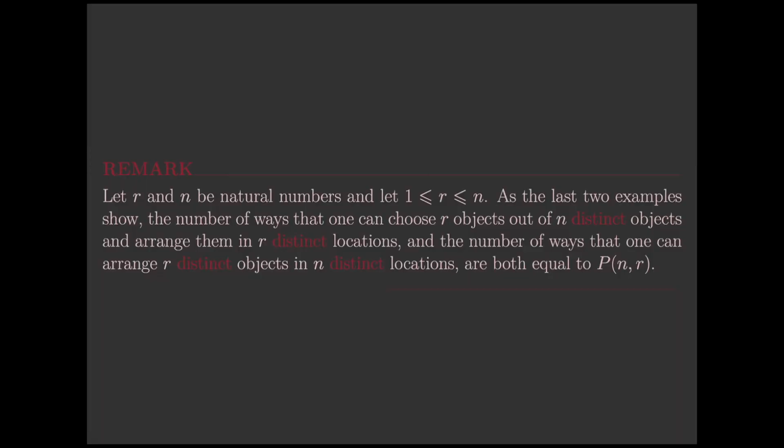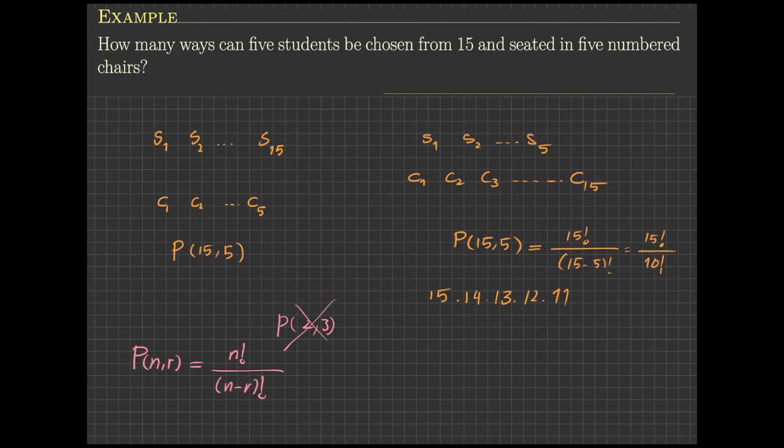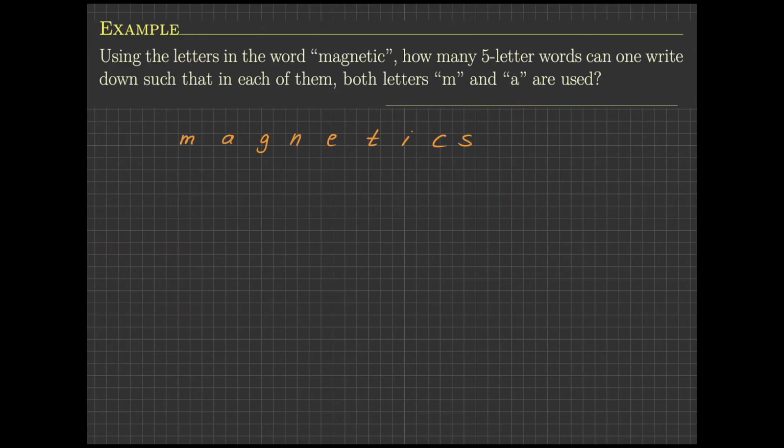So this is magnetic. I count them: 1, 2, 3, 4, 5, 6, 7, 8. So the first important thing is that the objects are distinct. The second thing is how many of them there are. So the total number is 8.